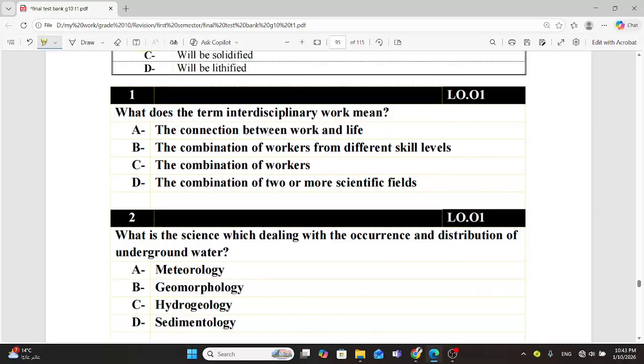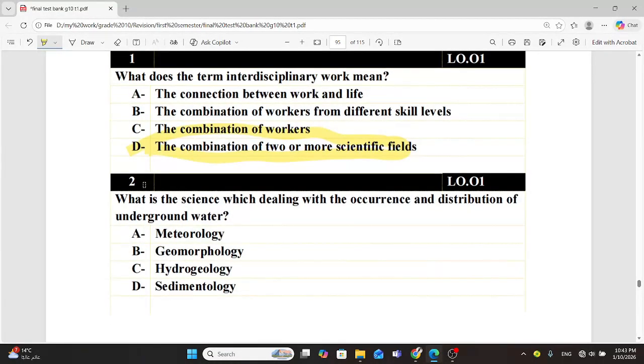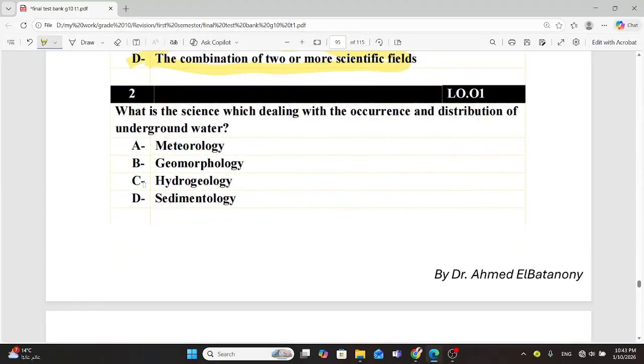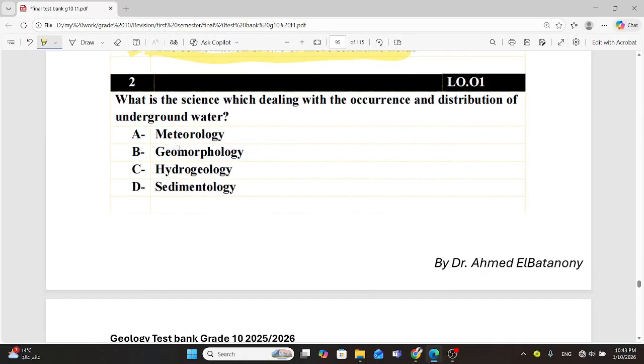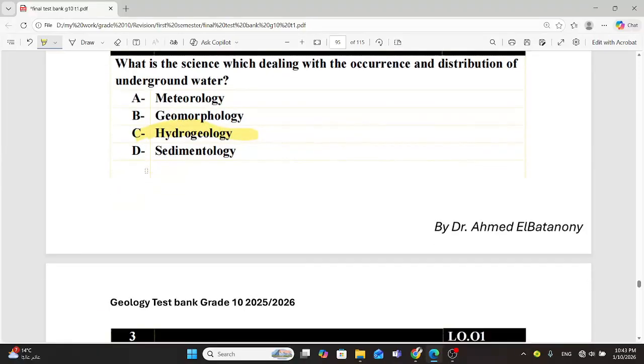The connection between work and life ولا the combination of workers from different skills level ولا combination of workers ولا combination of two or more scientific field. هتبقى combination of two or more scientific field. طيب what is the science which deals with the occurrence and distribution of underground water? Meteorology, geomorphology ولا hydrology ولا sedimentology. Hydrology. يلا اللي بعده يا دكاترة.